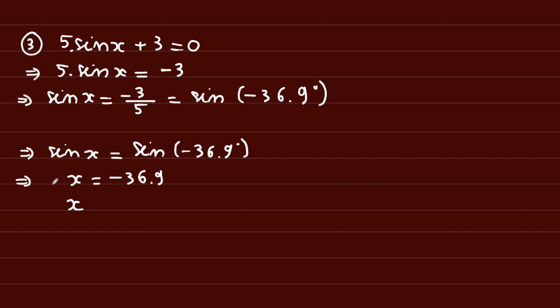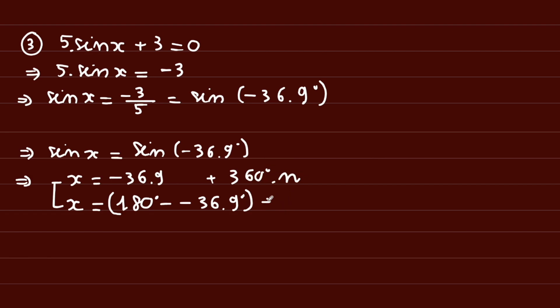And for the second one, one more time, you got the supplementary relationship with the negative angle, 180 degrees and minus, and one more time minus sign 36.9 degrees. And for the second part of the general solution, we got plus 360 degrees multiplied by n. Okay, and for the general solution, you got 36.9 plus 360 degrees multiplied by n for this one.